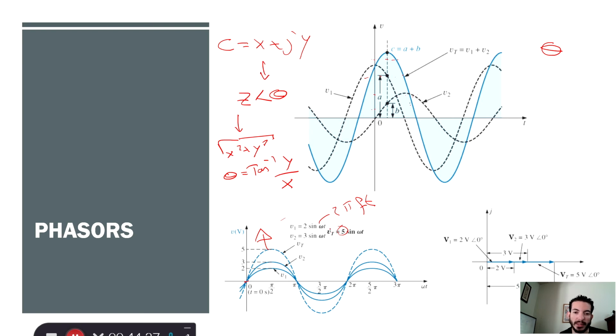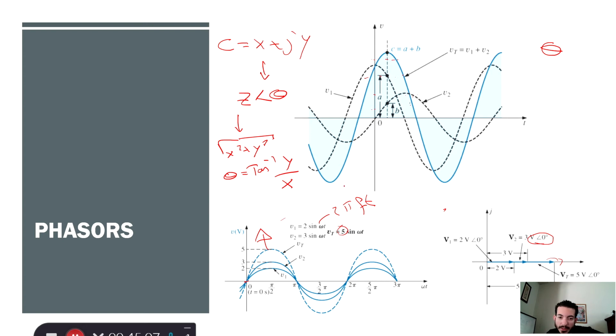So 2 sine omega t plus 3 sine omega t is 2 plus 3, 5, which is 5 sine omega t. In polar coordinates it's even simpler. You have your value of 2, your value of 3, and if you add them, since they have no offset, the angle is 0, then the answer is 5 volts with no offset. Okay?